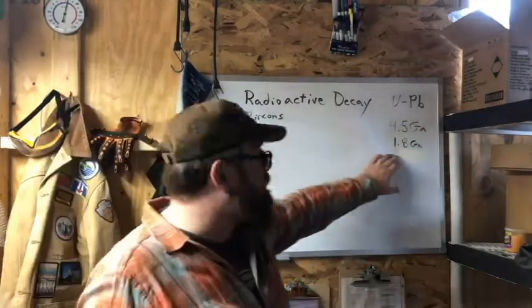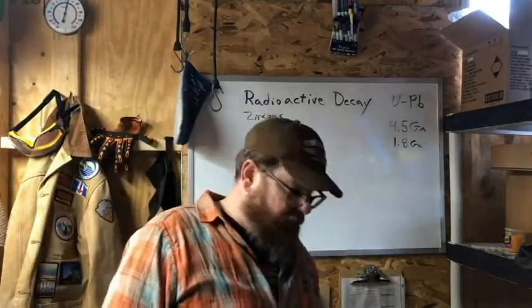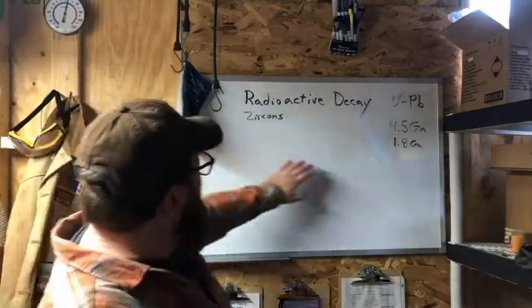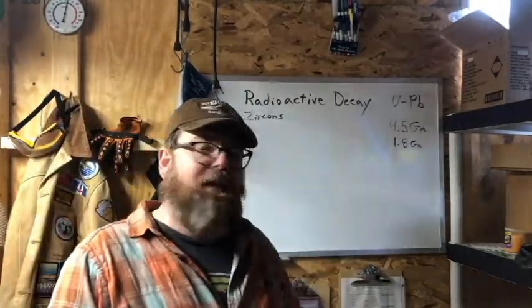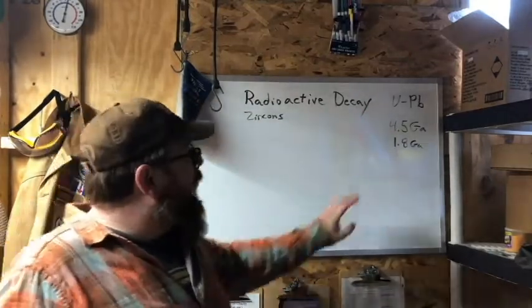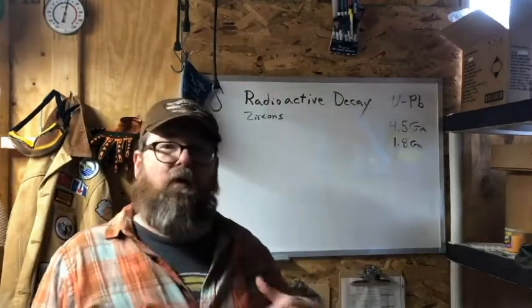This doesn't mean its accuracy limit, all right, of the testing. That's dependent on your equipment, the technology available at the time, and that is a rant for another day. So I get the age of the rock. Well, why do I get the age of the rock and not the age of the solar system or the age of that supernova? Because of how minerals form from a melt.